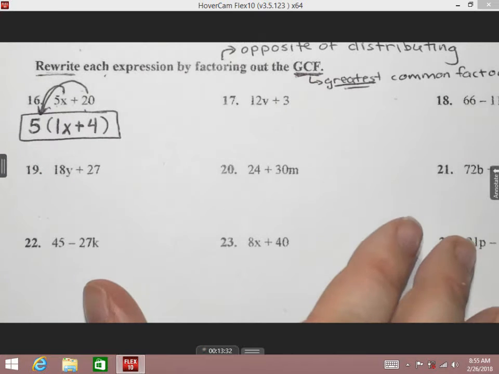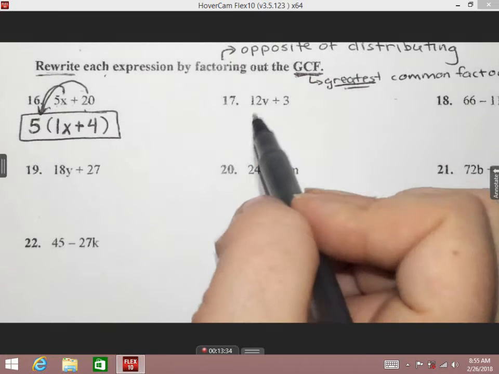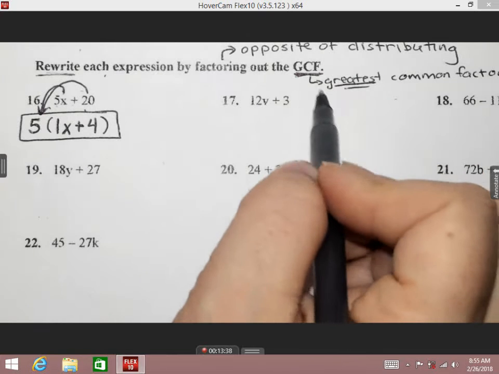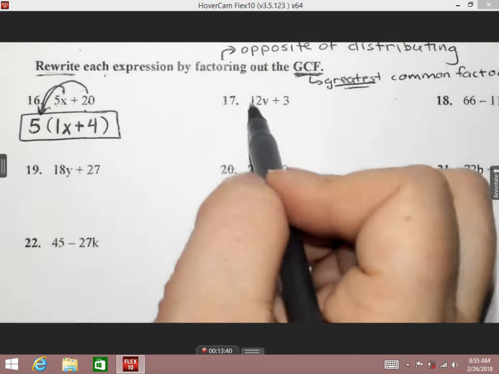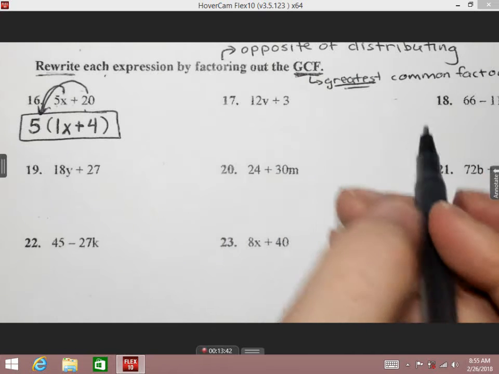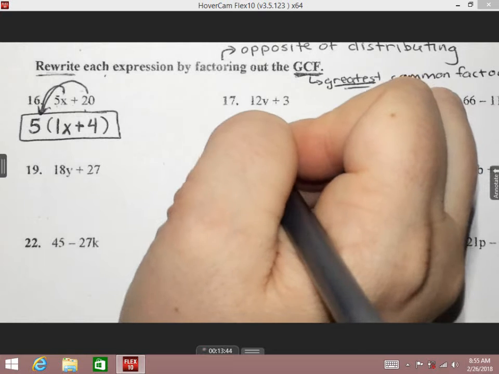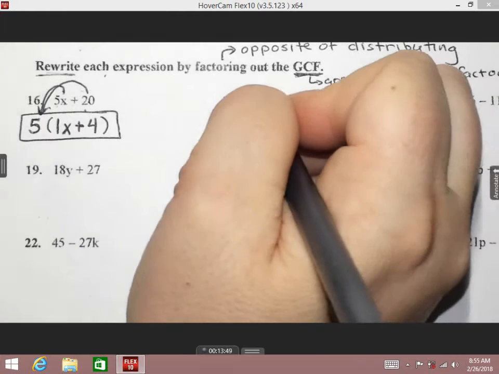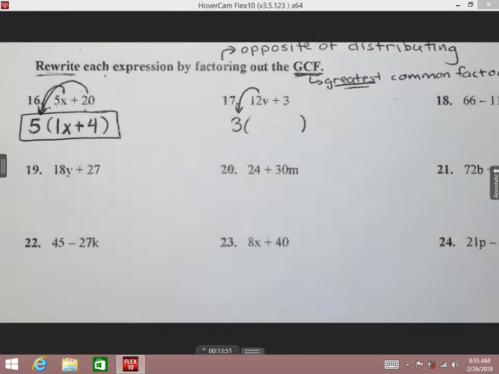All right, so let's look at 17. For 17, what's the biggest number that will go into 12 and into 3? The biggest number that will go into 12 and into 3. Kaylee? 3. Okay, so that's the number I'm going to put in front. Remember, what are we doing when we're taking it out? What operation? We're dividing.